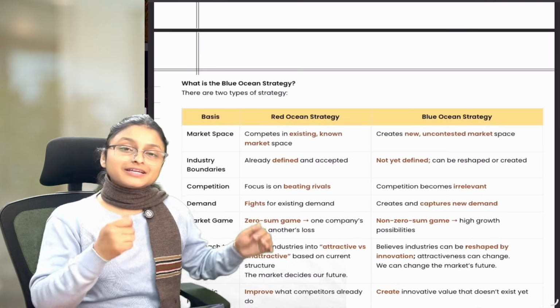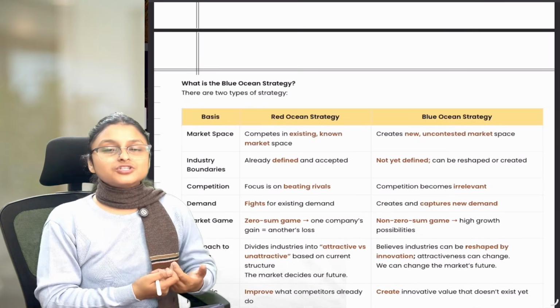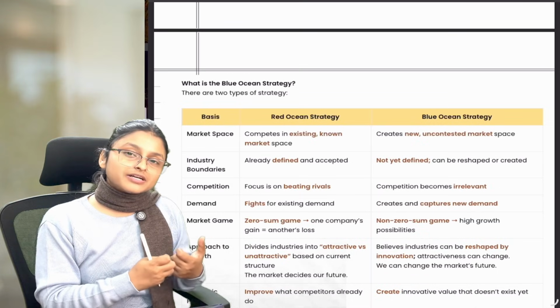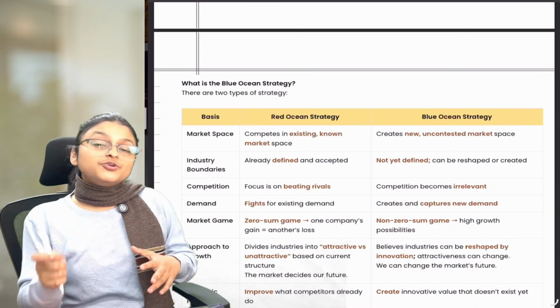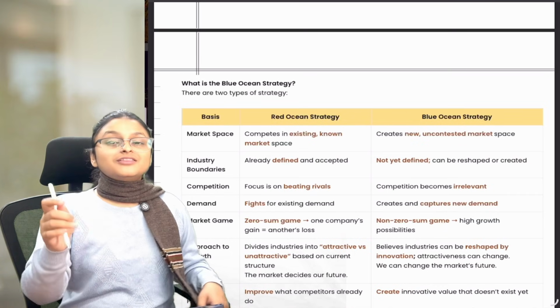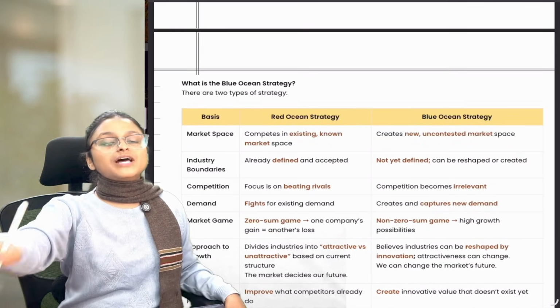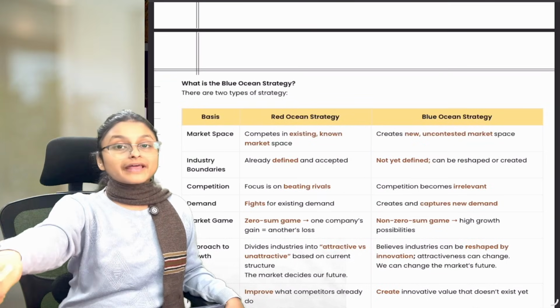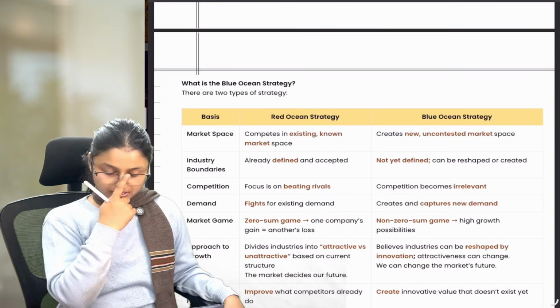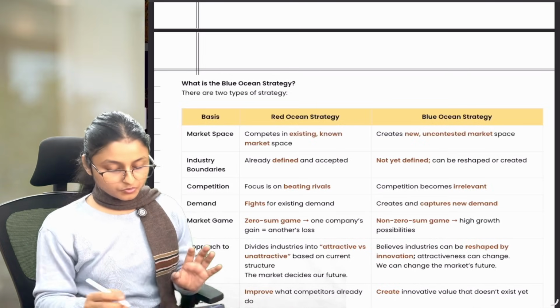That means there is cutthroat competition which leads to less profits, higher cost and complications for you. But when you go for Blue Ocean Strategy, the ocean is completely blue. That means no one else is there. You are the first one to do something there. Done? Now, let's read the differences between both of them.